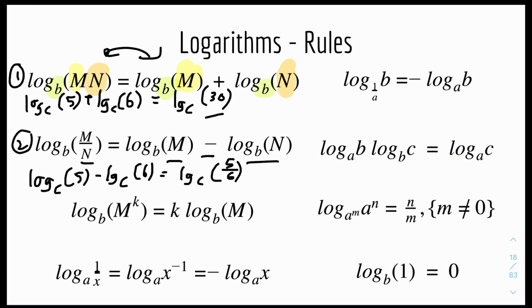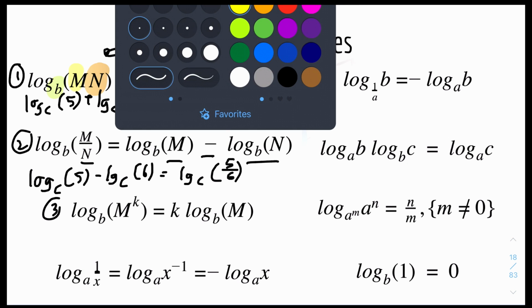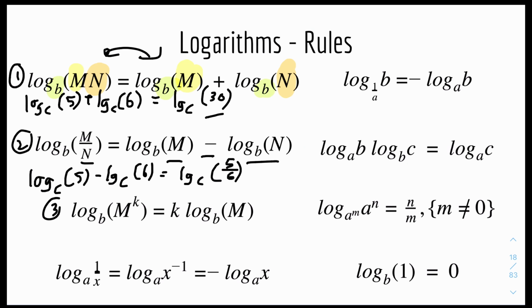And then we have number 3. We have log base b of m to the power of k equals k log base b m. So what this is, is that you can just pull down the power to the front, like from here. You can pull it down to the front to get a k in the front, and then log base b m will remain itself.